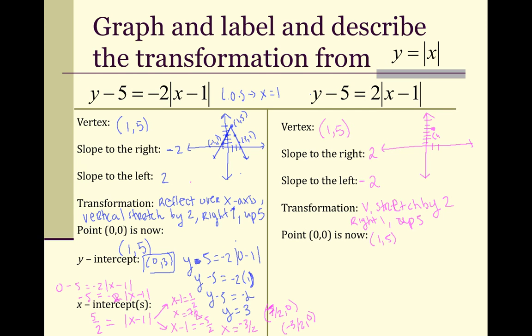This is (1, 5). Up to the right 1 would be (2, 7). And then up to the left 1 is going to be (0, 7). And I get something like this.